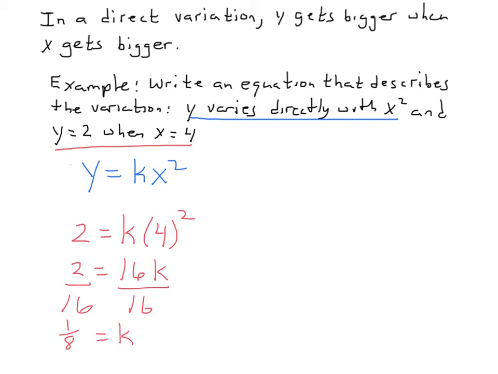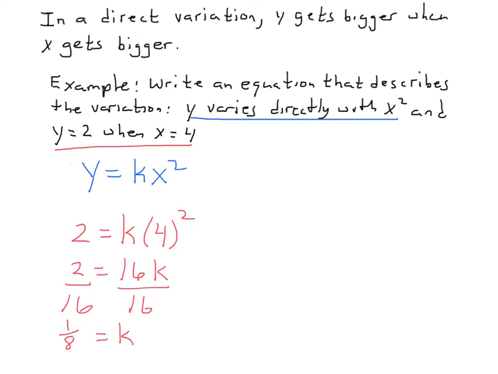Welcome back. Let's take a look at what you get. You should have come up with k is equal to 1/8. Since y varies directly with x squared, we have the equation y equals kx squared. The first thing I'm going to do is plug 2 in for y and 4 in for x, because I'm told that y equals 2 when x equals 4. That will give me 2 equals k times 4 squared, which gives me 2 equals 16k.